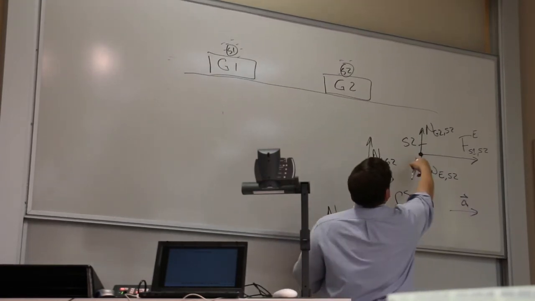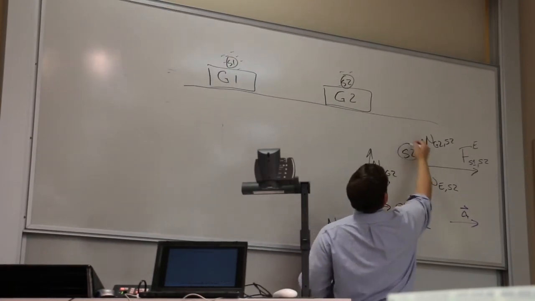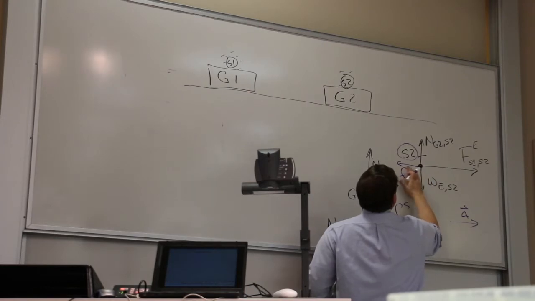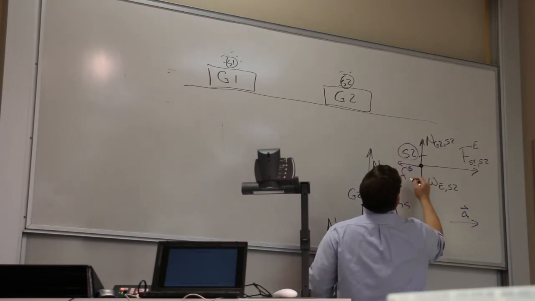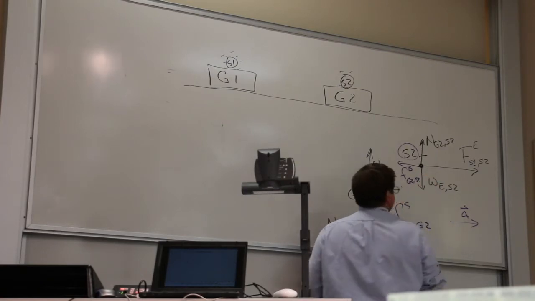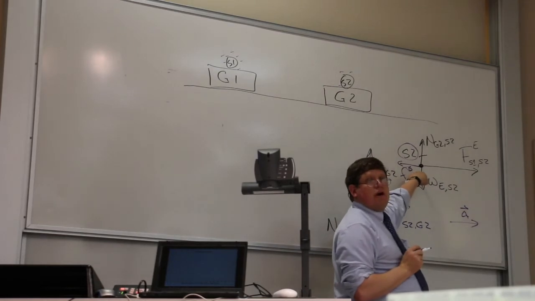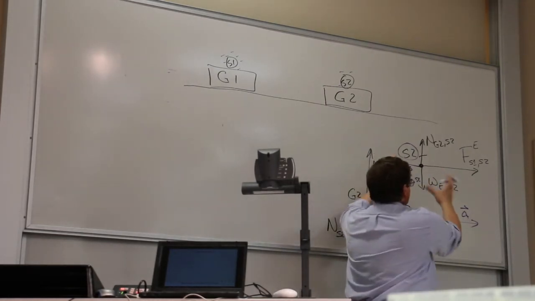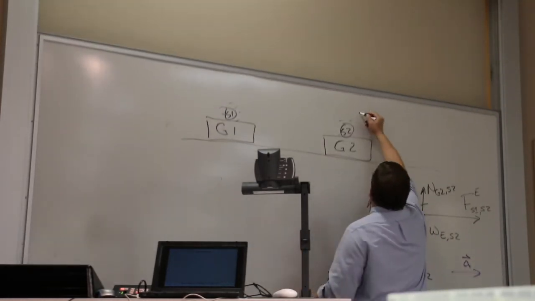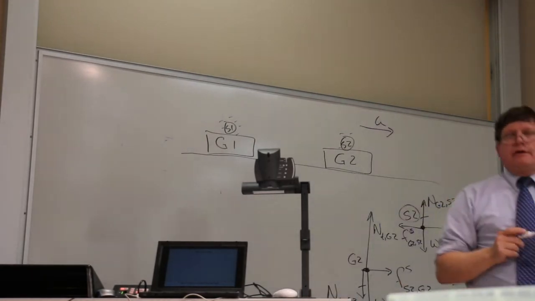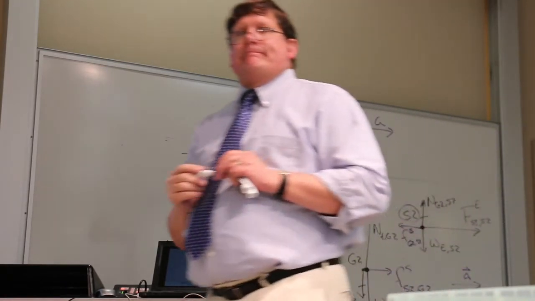Now, if I go back to my free body diagram for S2, I have to have a third law companion. This is going to be glider 2 on S2. And I made this electrical force bigger than that friction force because the sphere has to accelerate to the right. The sphere is speeding up to the right.